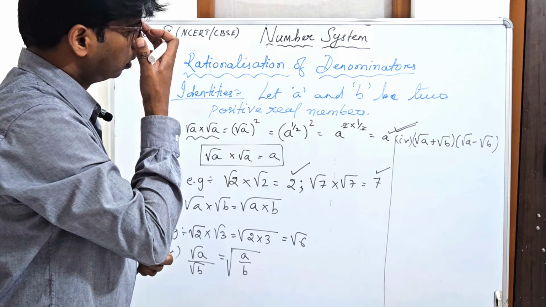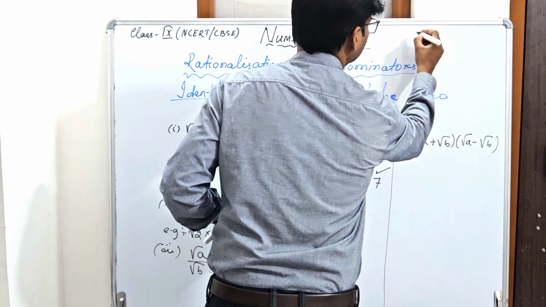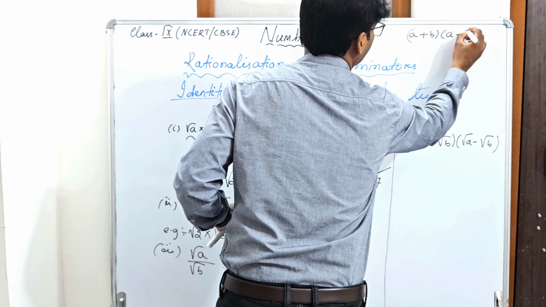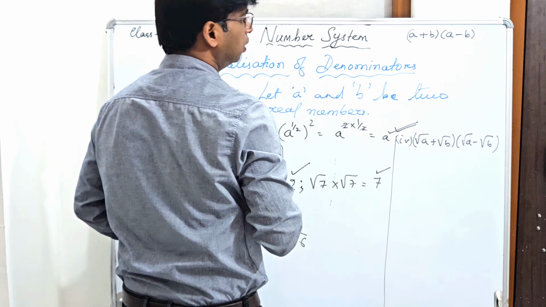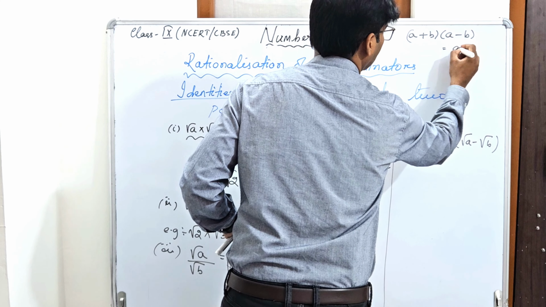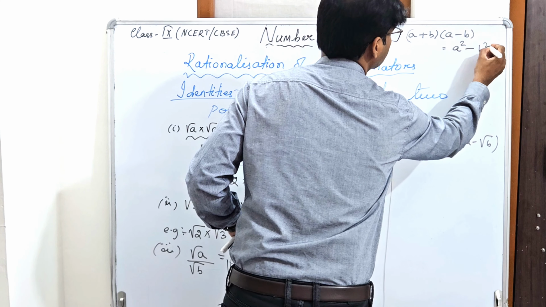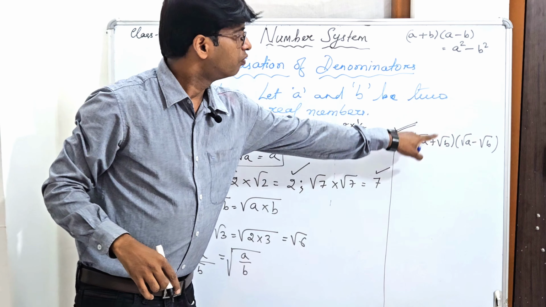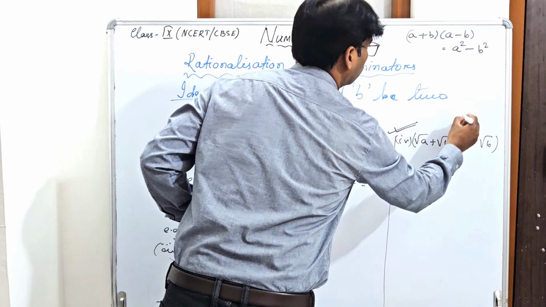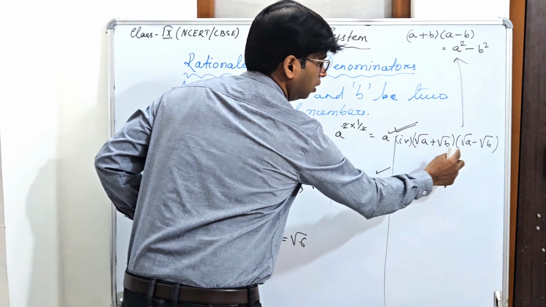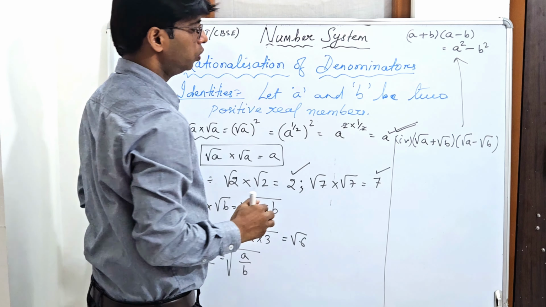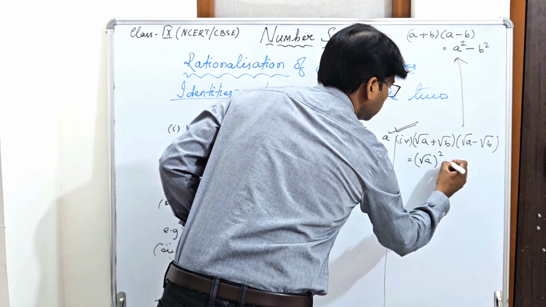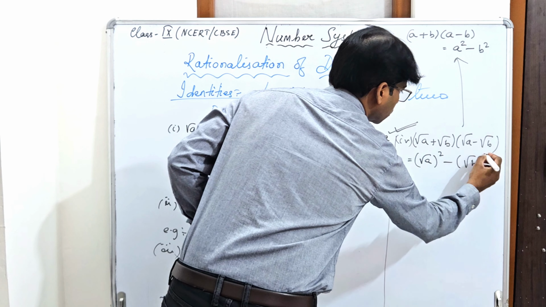This identity is related to a plus b whole into a minus b, which is equal to a square minus b square. Similarly, here also we have to do that because it is in this format. It is in the a plus b and a minus b form. That's why we will find the root over of a square, then root over of b square.